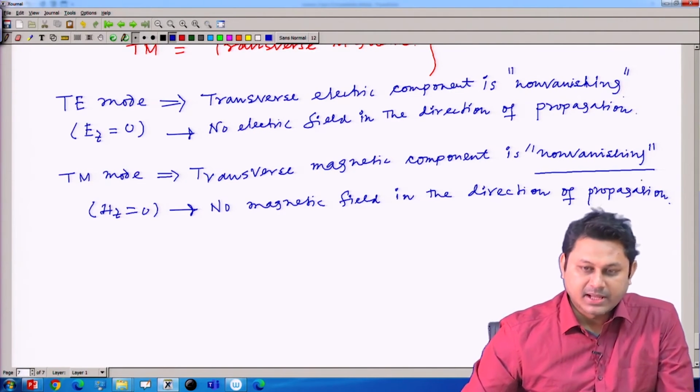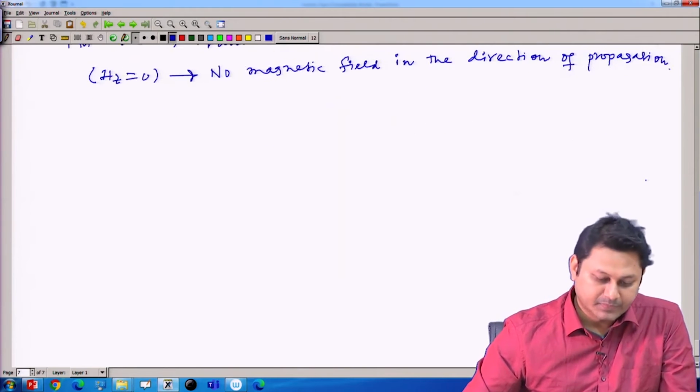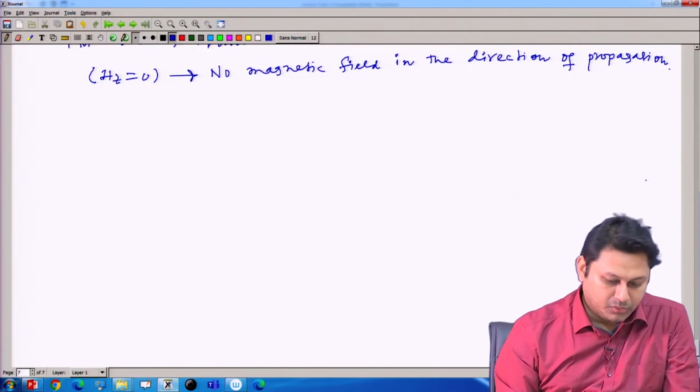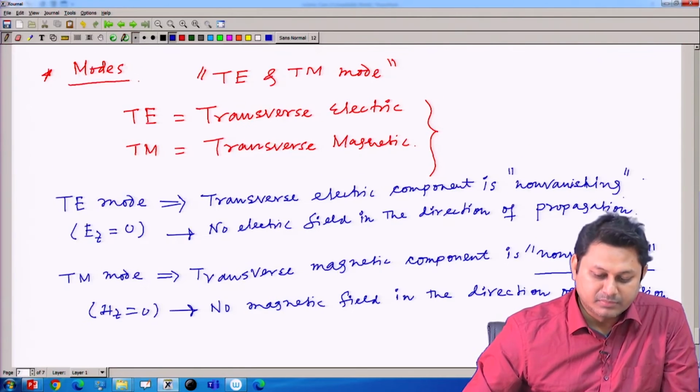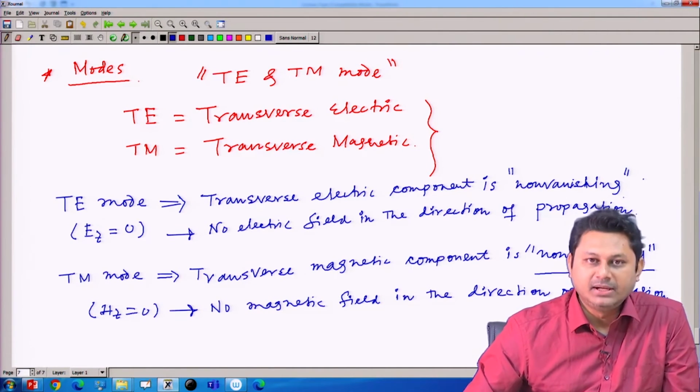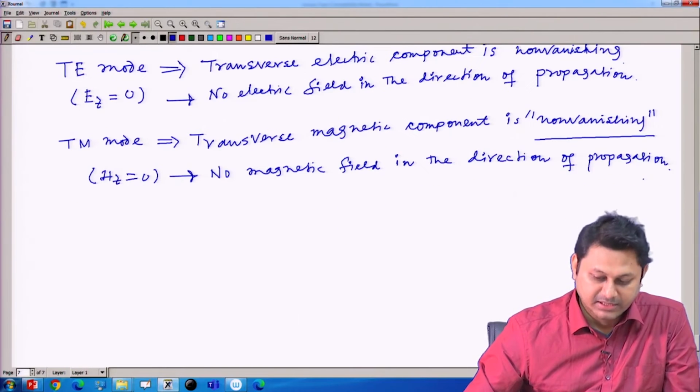No magnetic field in the direction of propagation. Well, now we understand roughly what is the meaning of TE and TM modes. Modes, I already mentioned, are a distribution, the field distribution inside a given waveguide. So, we are going to understand in detail.